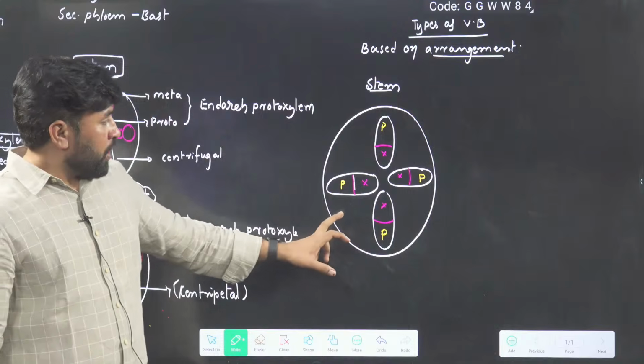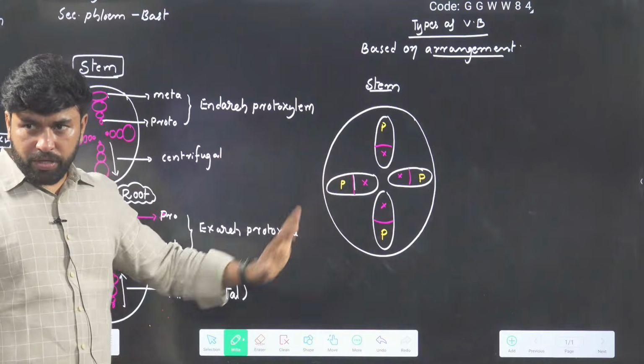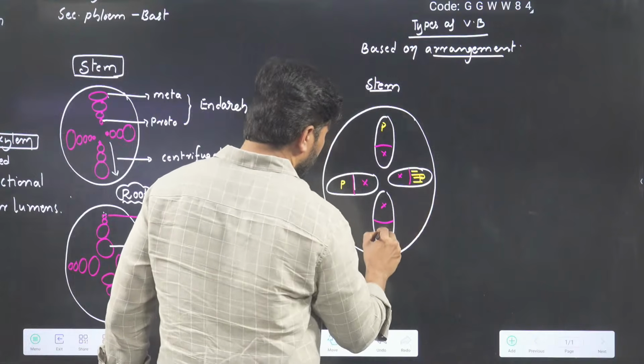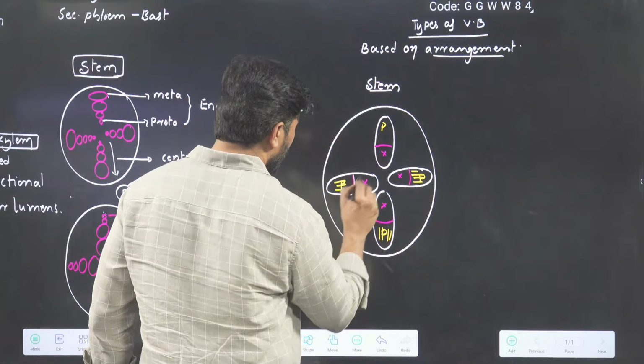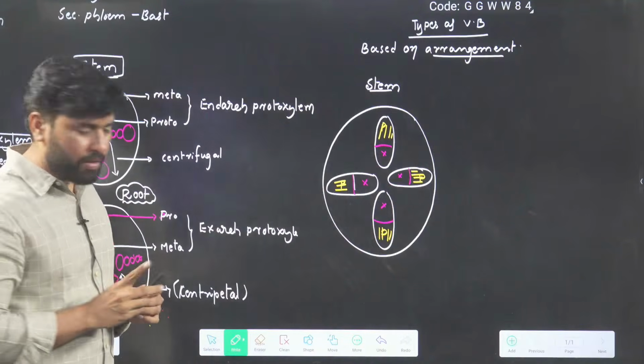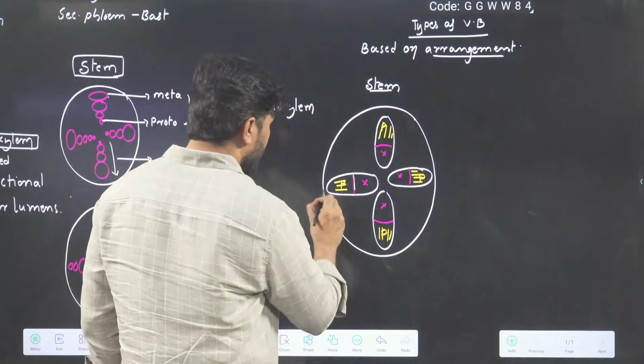Now, if you talk about xylem phloem arrangement, observe here closely. This entire area belongs to phloem. The central area belongs to xylem. I am going to draw a radial line.